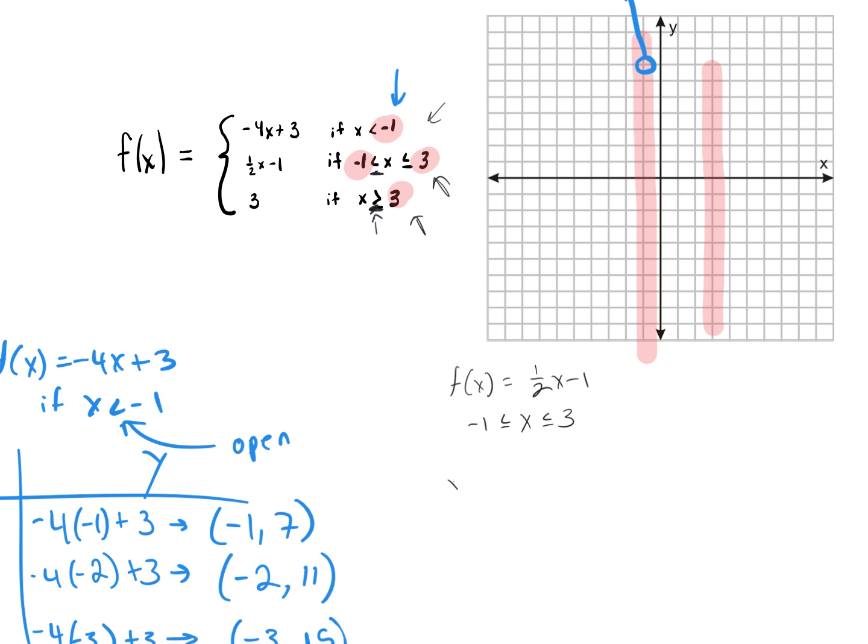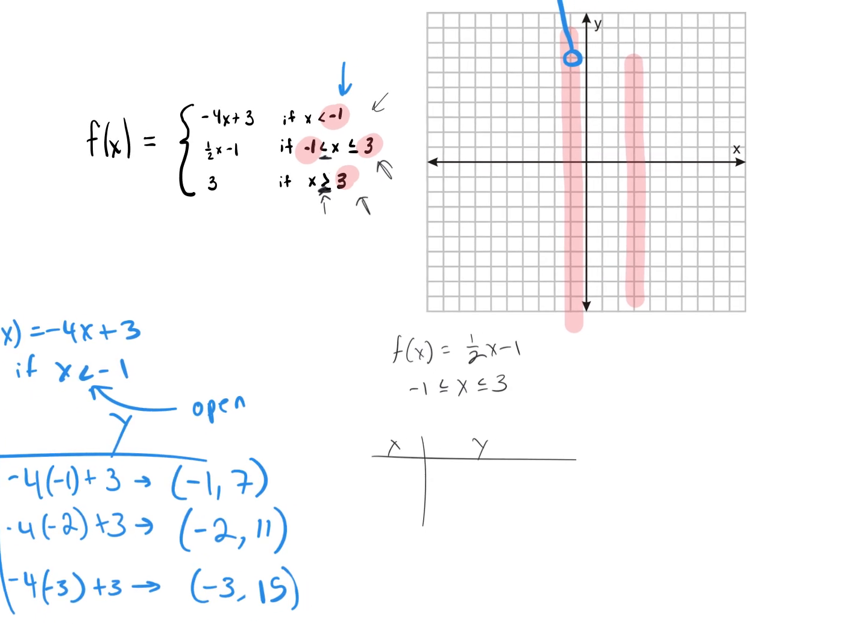If I were to do an XY chart, I'm going to have to choose numbers like negative 1, number 0, I can choose number 2, and I have to choose number 3. Now, only 2 of those numbers are going to give me whole numbers. Which is fine. We can do it. It's going to be a half times negative 1 minus 1. That's going to give us negative 3 over 2.